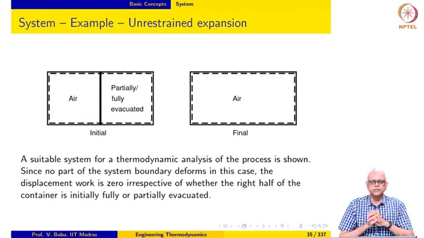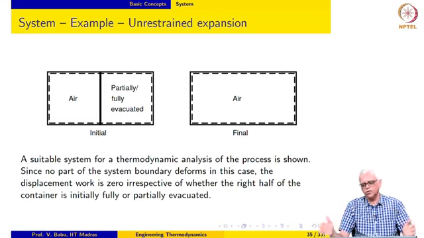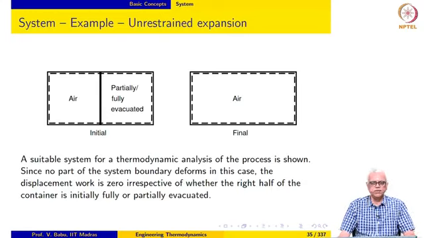However, we know the properties unambiguously at the beginning of the process, and we know the properties unambiguously at the end of the process, but certainly not during the intermediate stages, because it is undergoing a rapid expansion. So, this system is better and acceptable compared to what we defined earlier.